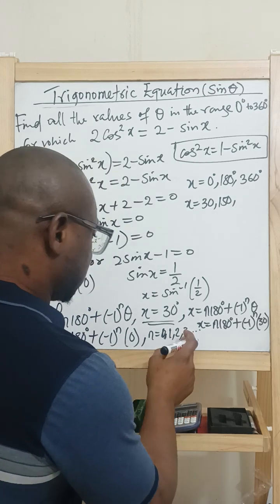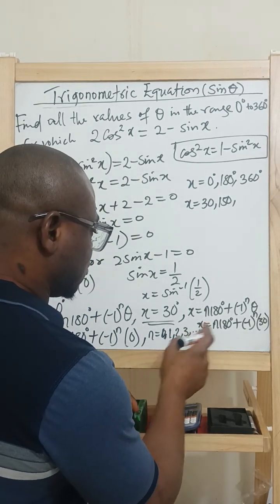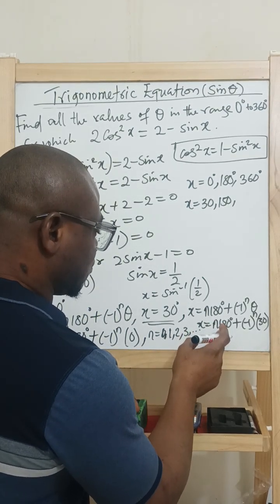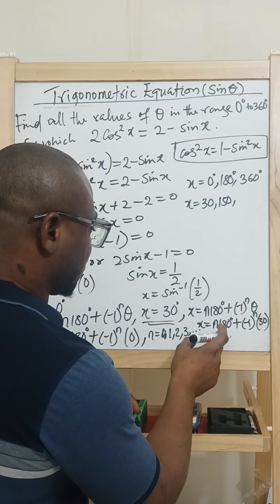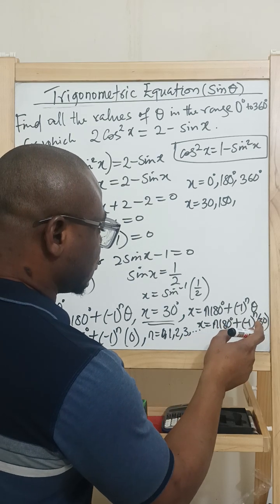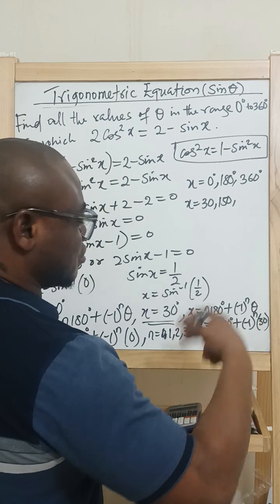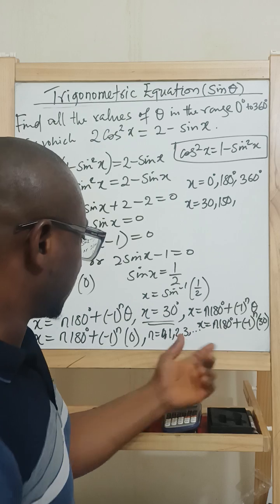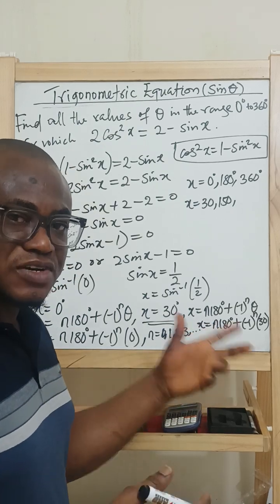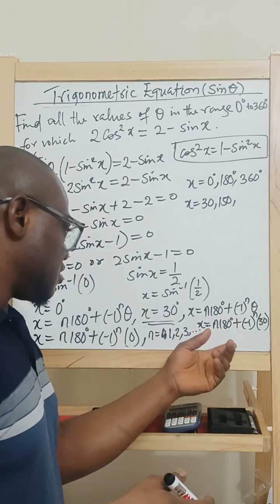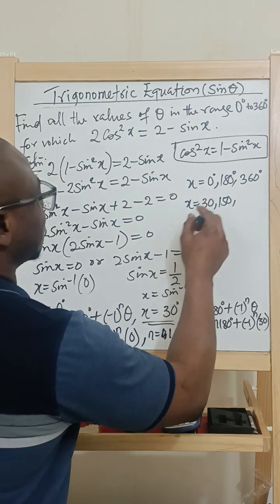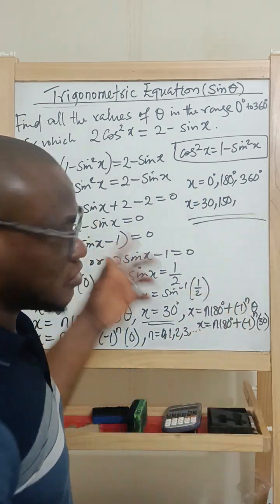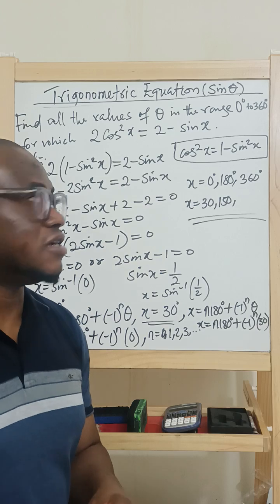When n is 3, this is 540, then minus 30, which is more than 360. So we don't get any other value. If we continue to substitute, we get values more than 360. So these are the values of x for this question.